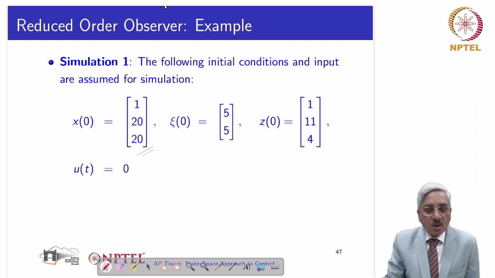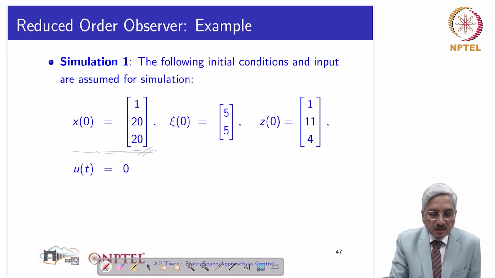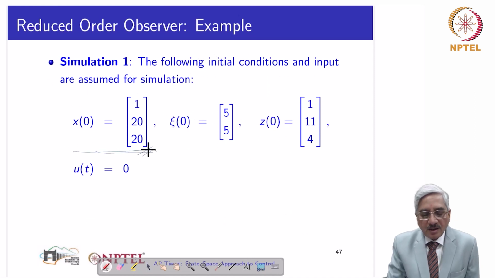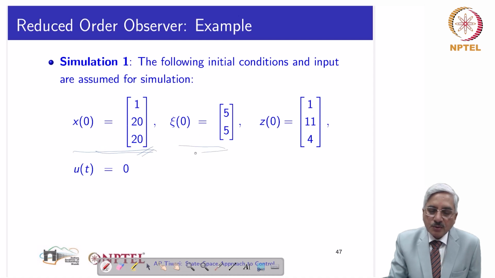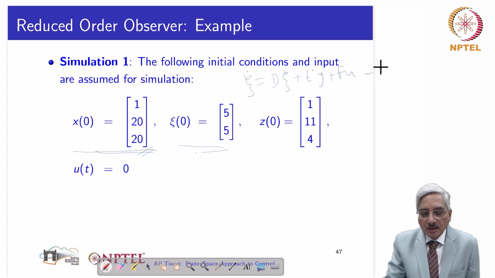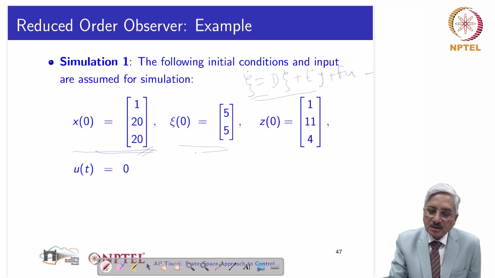So we assume the system to be at the equilibrium, and we assume that the state equation for the observer is xi dot is D xi plus E y plus F u. So we assume that xi 0, the initial condition for this dynamic equation, is 5, 5.